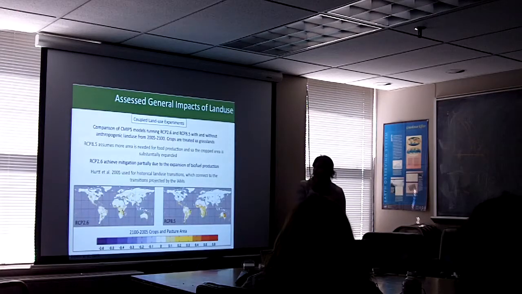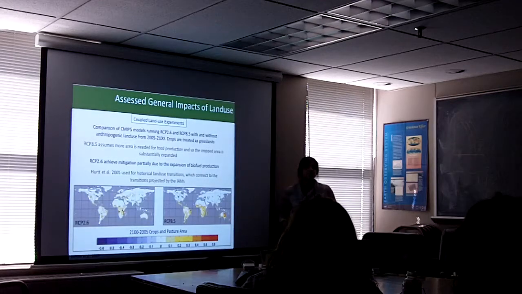We've been looking at a lot of historical land cover changes. This was a comparison of CMIP5 models running RCP 2.6 and RCP 8.5. Now, each of these RCPs has an associated land use trajectory with it, right? And that was created by one integrated assessment model that was used in creating these RCPs.